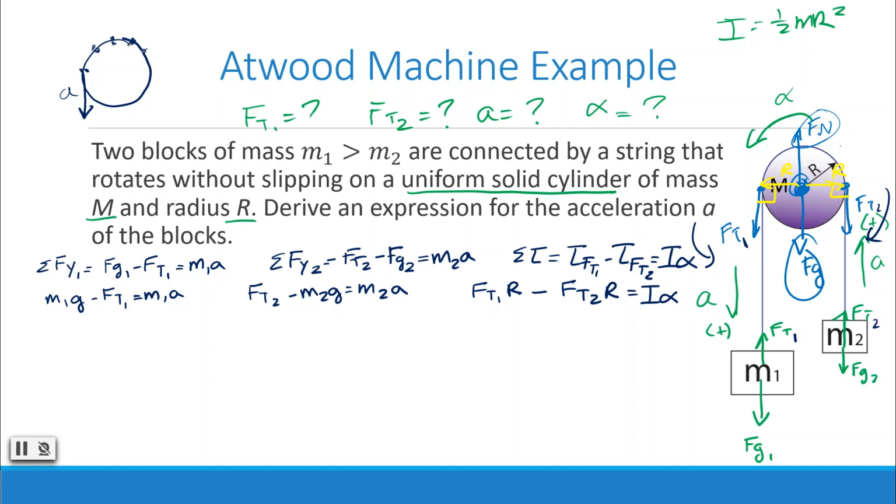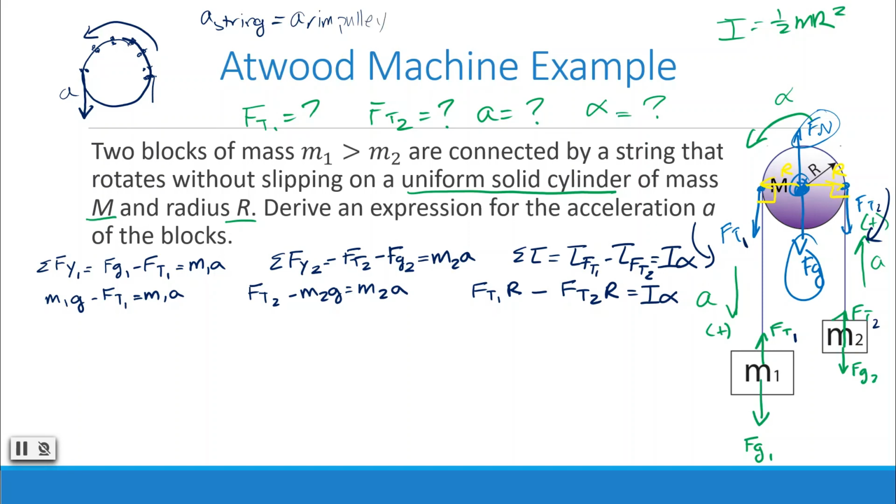So that those are going to travel together at the same rate the whole time, starting at the point where the string first comes into contact with the pulley, and then continuing together. So what we're going to assume is that the linear acceleration of the string is equal to the linear acceleration of the rim of the pulley.